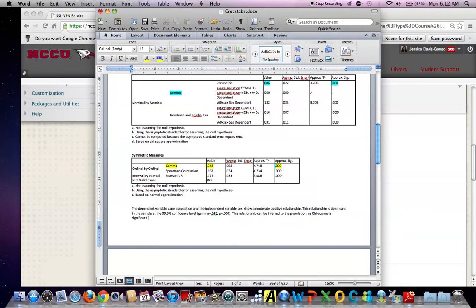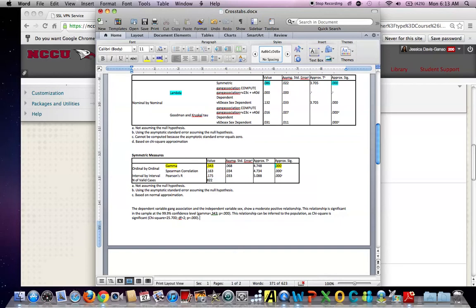And in parentheses, chi-square is equal to 25.700. Degrees of freedom is equal to 2. P is equal to 0.000.